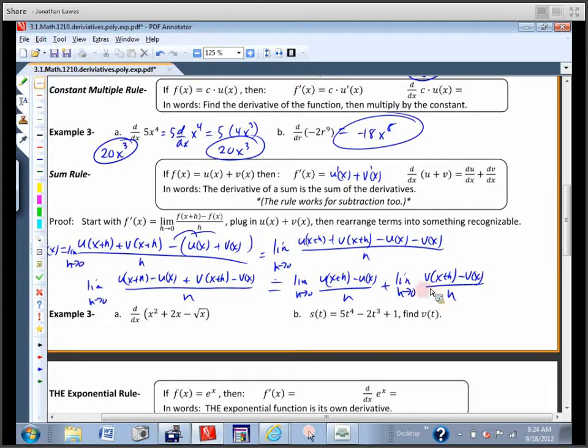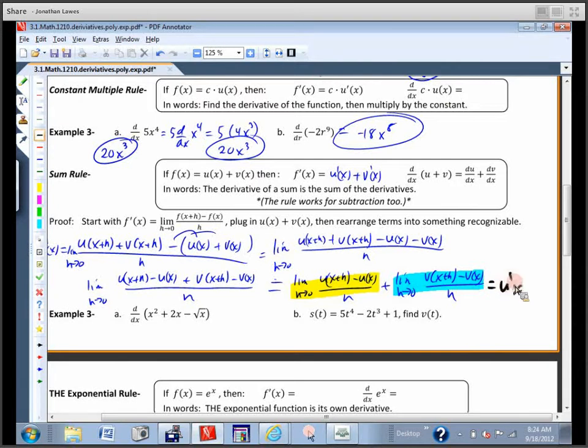I didn't break it into four separate fractions. I broke it into these two over this one, and these two over this one. If I were to add these two expressions together, they already have a common denominator, so they'd have an h in the denominator, and then I'd have all four of these terms up here.